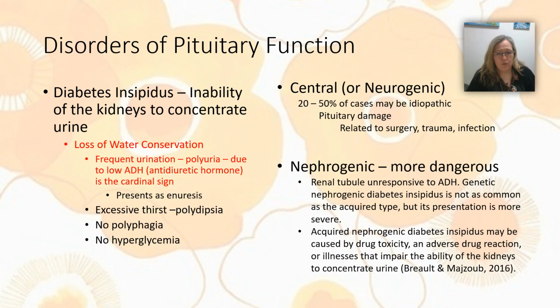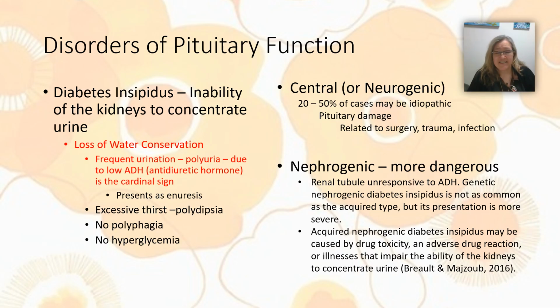So what I want you to know is that, first of all, the 3 P's that you see with diabetes, the polyphagia, polyuria, and polydipsia, we don't see polyphagia with this disorder, and we don't see hyperglycemia with this disorder. We do see polydipsia. So what you have in diabetes insipidus is a loss of water conservation. You have frequent urination, excessive urination due to low ADH, and that's the cardinal sign of this disorder.